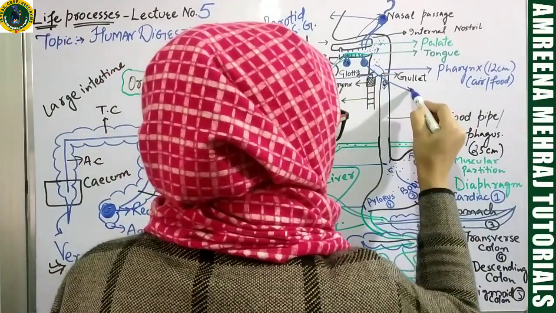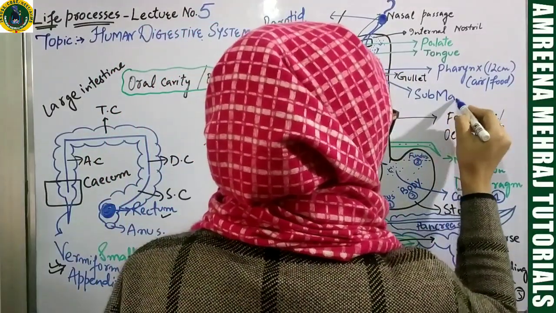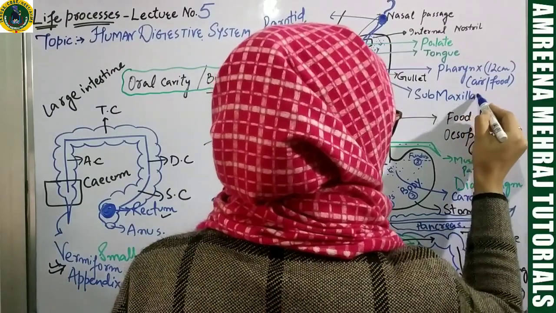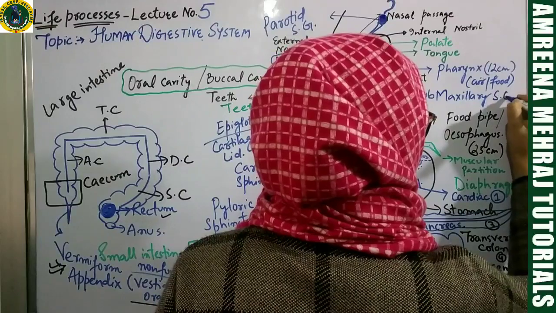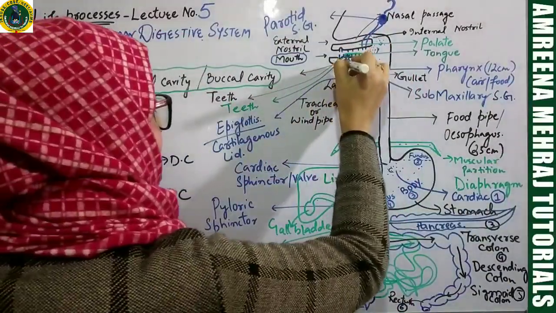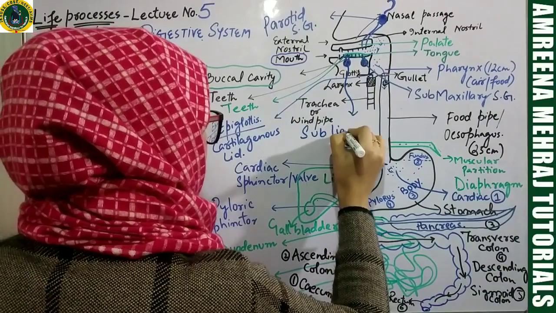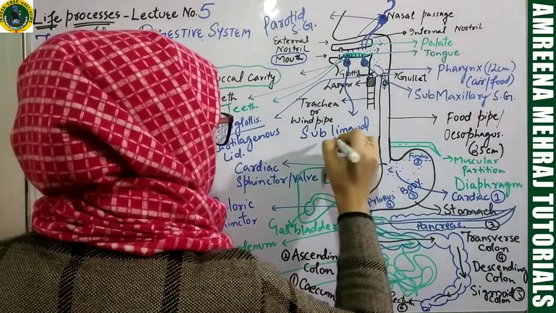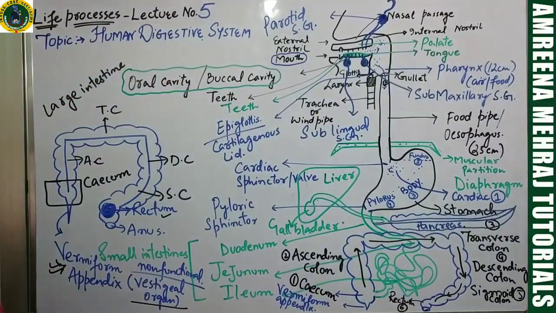This one is the submaxillary. It's good to call it submandibular. Submaxillary salivary gland. And this one is the sublingual salivary gland. So you got the 3 salivary glands also.